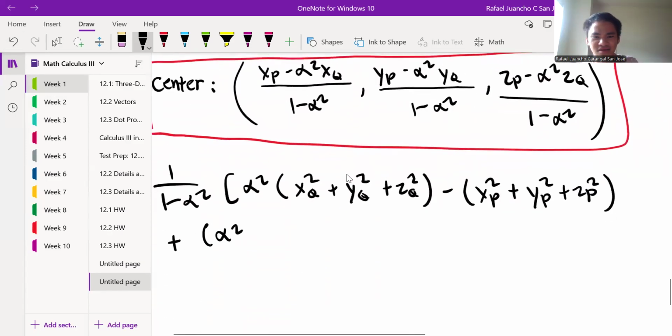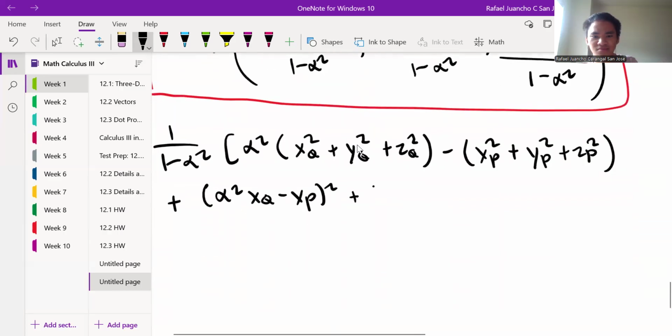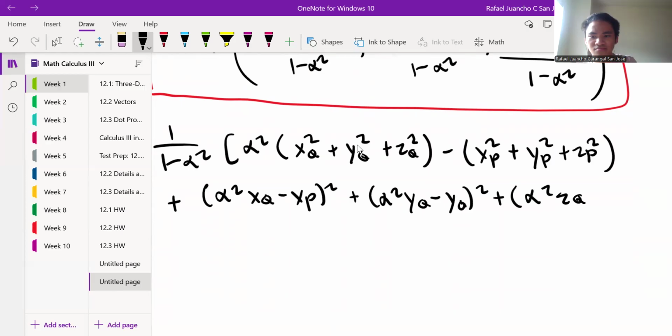And then this is alpha times xq minus xp, squared. So I'm adding it to this thing, plus my y, plus my z. Wait, I keep saying q here. That's funny.